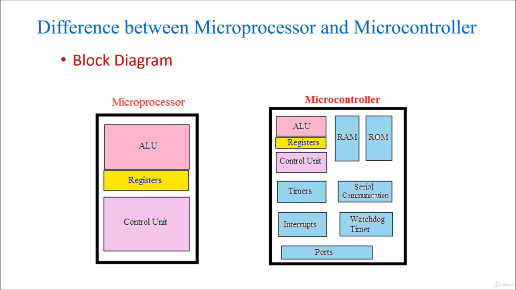It has serial communication block, which is used to transmit and receive data serially. It has interrupts. It has watchdog timer, which is used to protect this microcontroller. It has ports where we can connect or interface input-output devices directly. So with this microcontroller chip, we can directly build any application. So this is main difference between microprocessor and microcontroller.